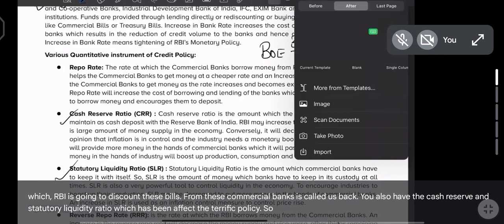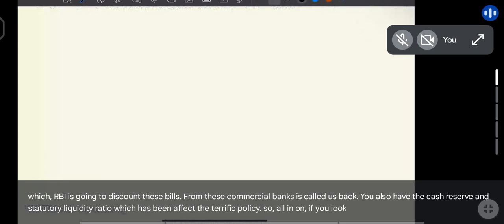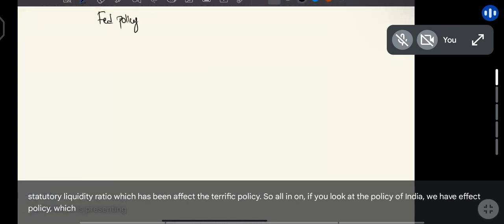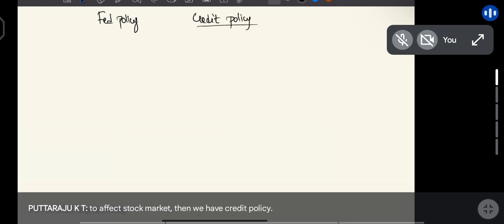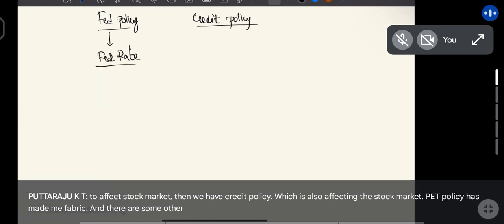So all in all, if you look at the policies affecting India, we have FED policy, which is going to affect the stock market. Then we have credit policy, which is also affecting the stock market. FED policy has mainly the Fed rate, and there are some other aspects which I didn't remove from your syllabus, but Fed rate is very important.